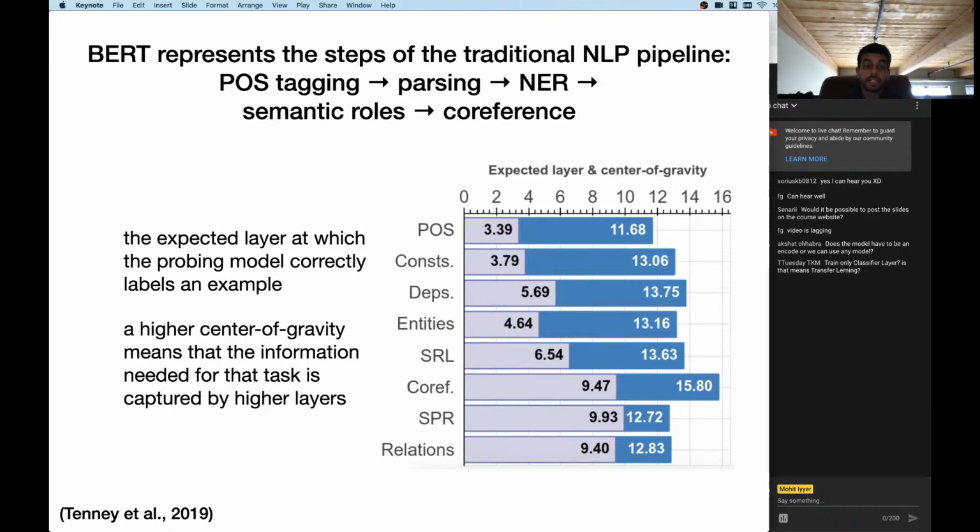to predict whatever it is that you wanted to predict, like sentiment, for example. So features that were commonly useful are things like part of speech, parse-related features, whether things are entities or not, what kind of semantic roles they're playing, and when they refer to the same entity or event. This is the steps of the traditional NLP pipeline.